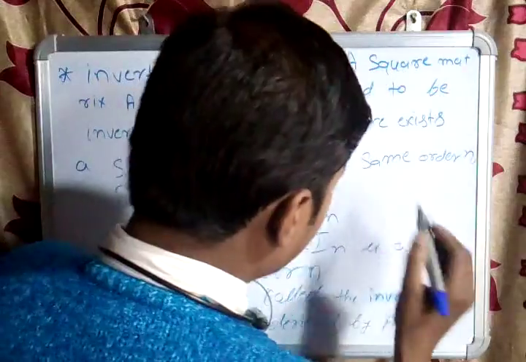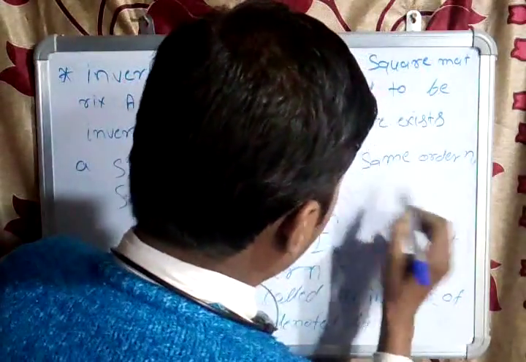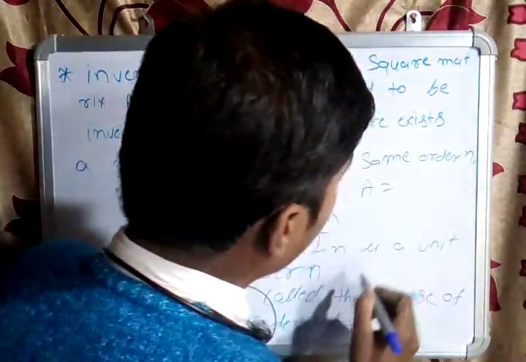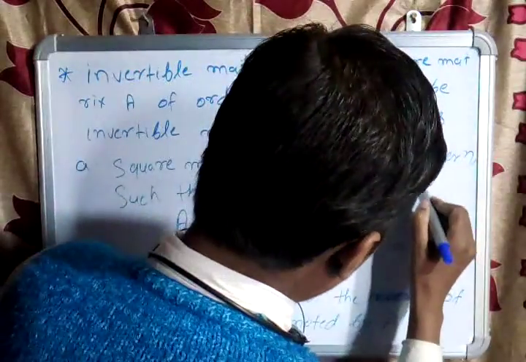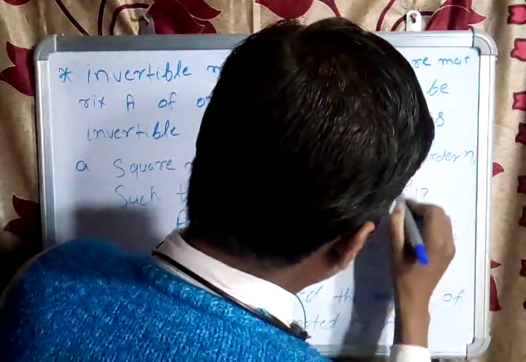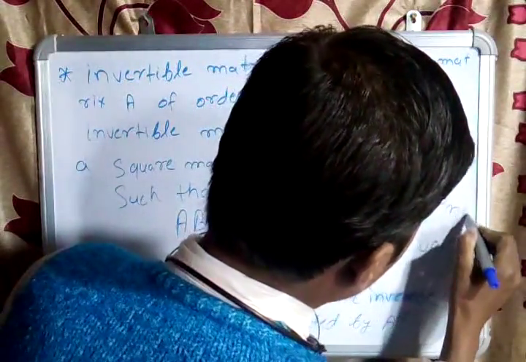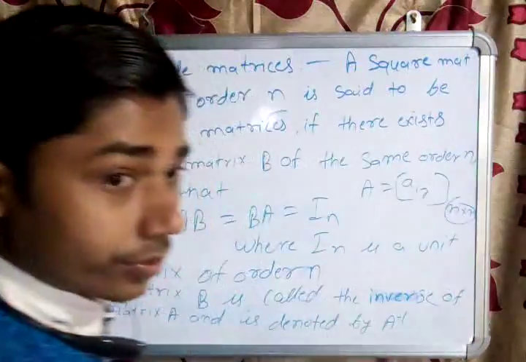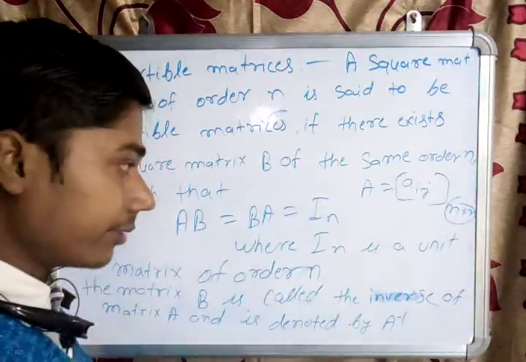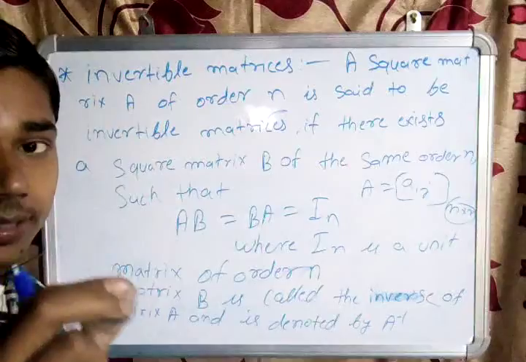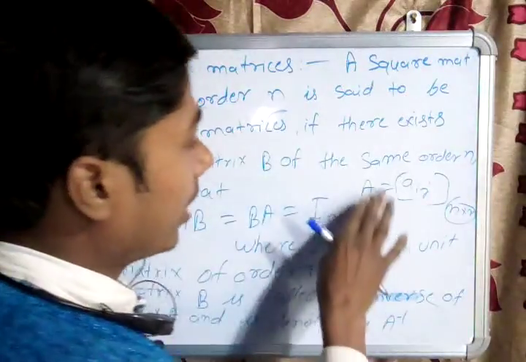We can write a matrix A is equal to Aij of order n cross n. The columns and rows are the same, so the matrix is called a square matrix.